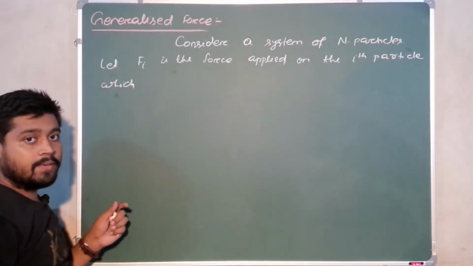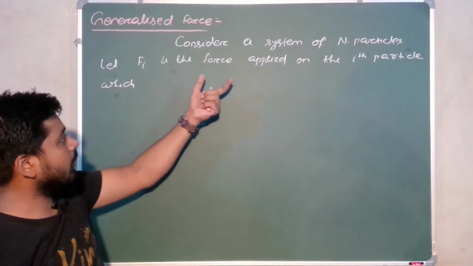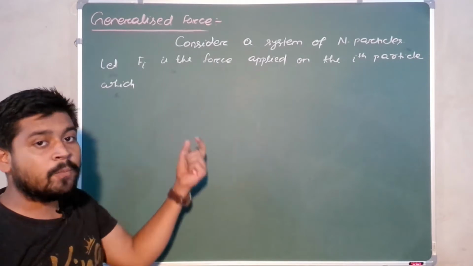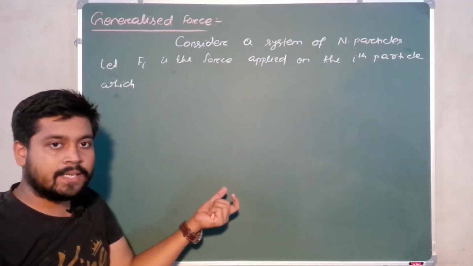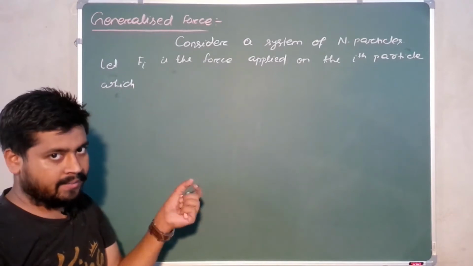As a force is applied on the ith particle, the ith particle must displace through a distance, yes or no? Let the distance be delta Ri, that is a small distance.